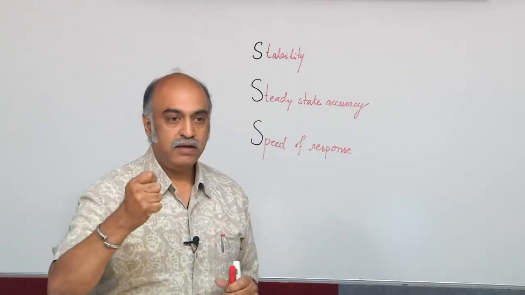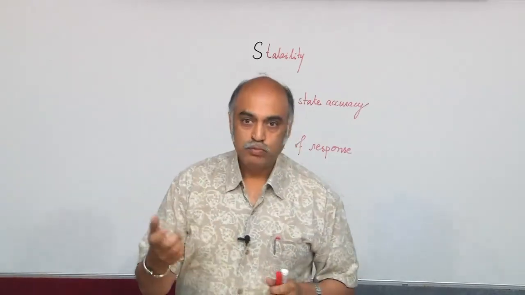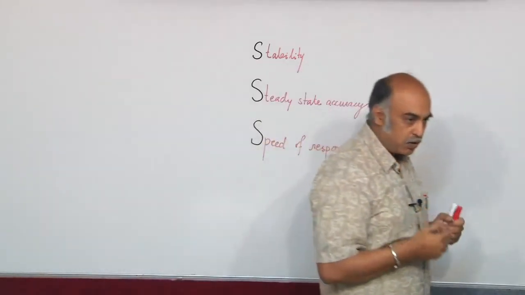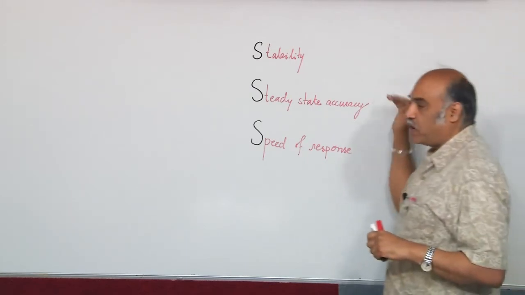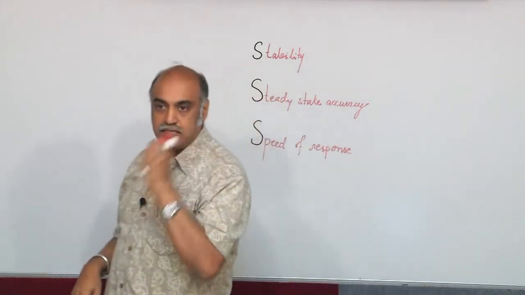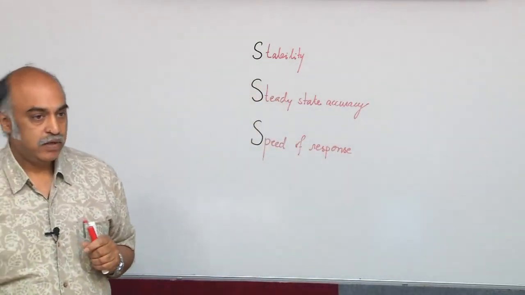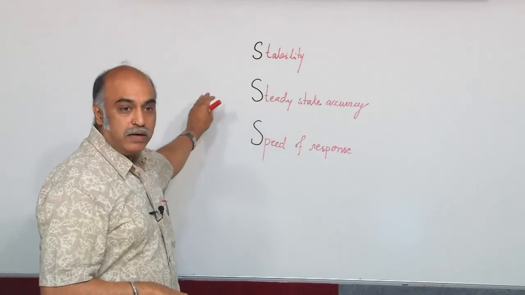If I set my output voltage in a power supply to 15 volts, do I get 15 volts plus minus 0.1% or plus minus 1%, or is it plus minus 10%? Depends. So, what is that steady state accuracy that I will get? That is a very important performance criterion.